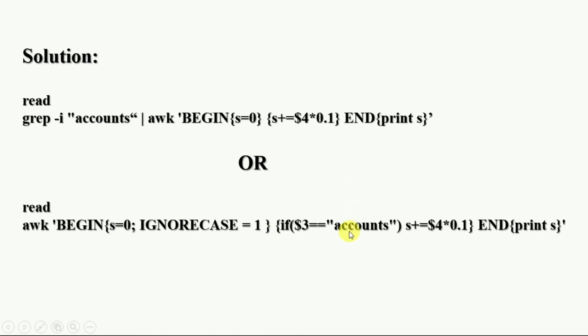For the condition for searching the accounts department, we can apply an if statement: if the department field equals accounts, then find the 10% and do the summation. At last, print s. I hope you understood the solution as well as the basic concepts.